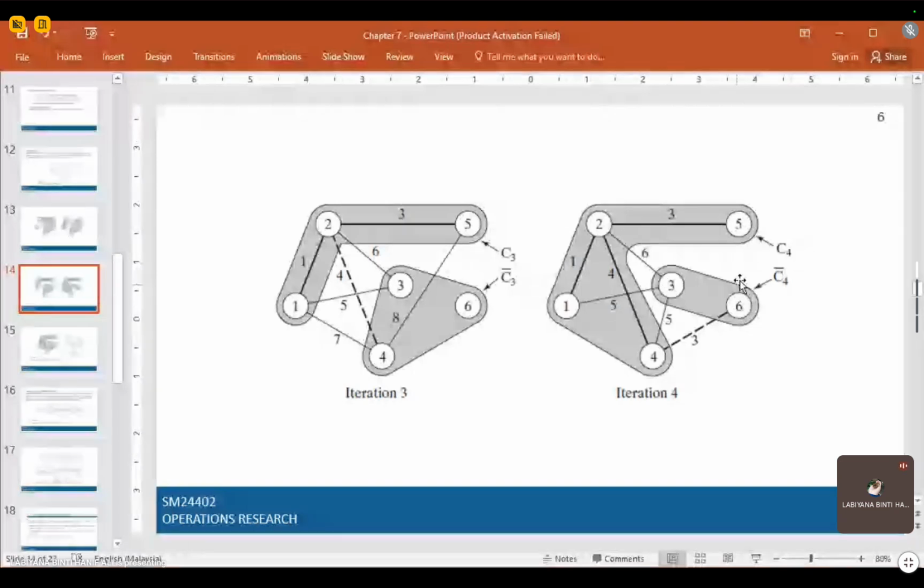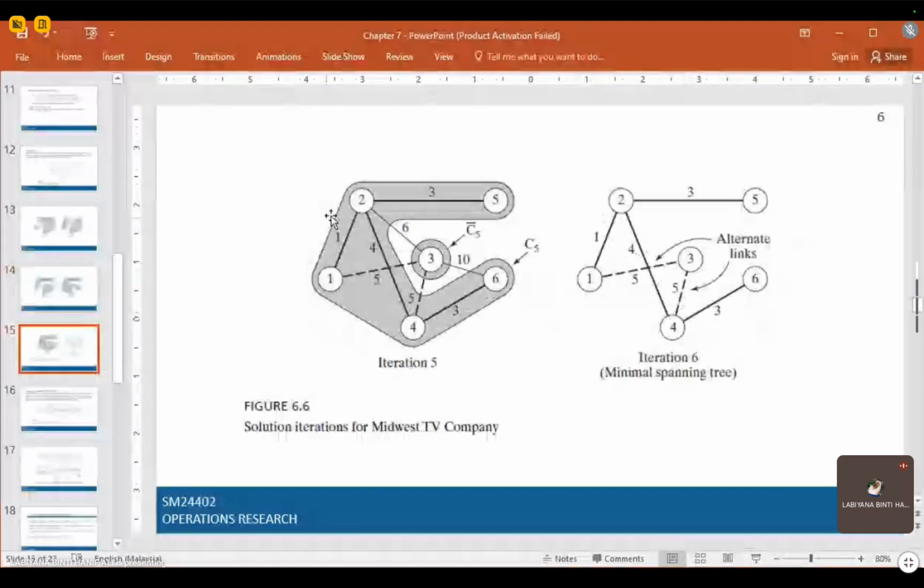Then we connect again between C4 and C4 bar, and we try to determine the shortest link. We find that the link between 4 and 6 is the shortest one, so it will be our permanent connection.